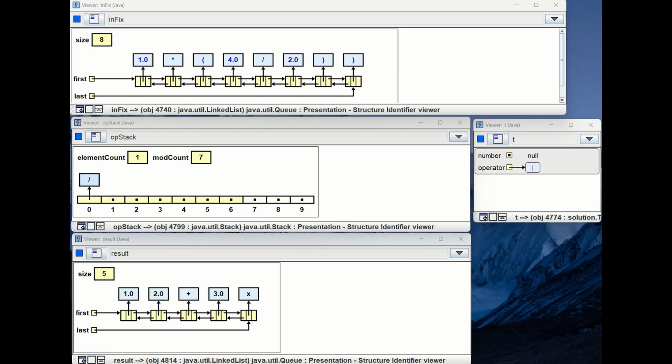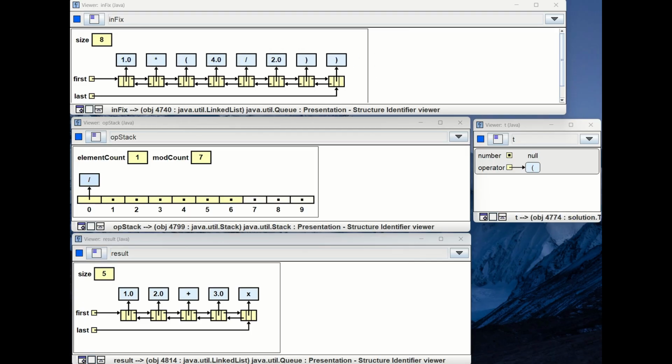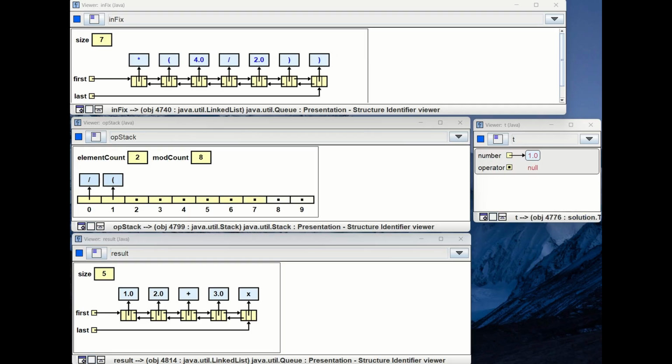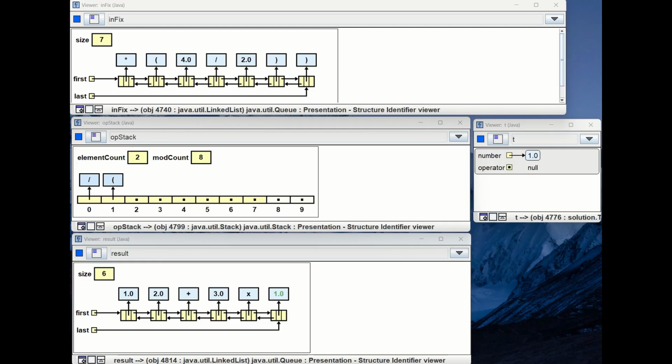Our input has the open parenthesis. Open parenthesis always gets pushed. We look at the 1. Numbers always go to the results queue. We look at the multiplication sign. The multiplication sign can always go on top of an open paren. It's the same as if it was empty. We have another open parenthesis.